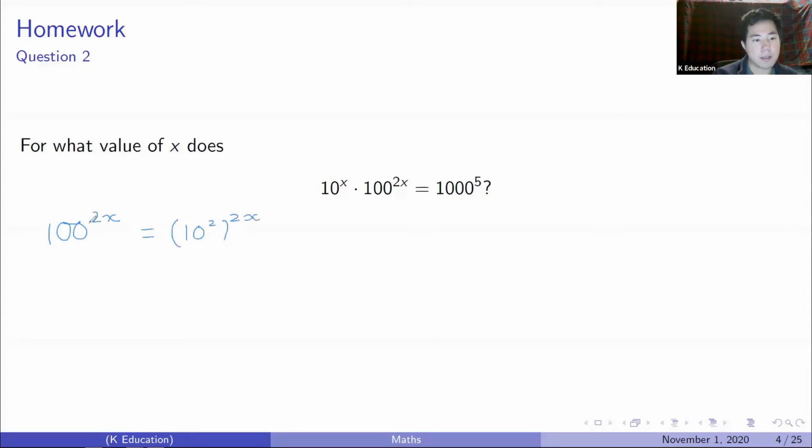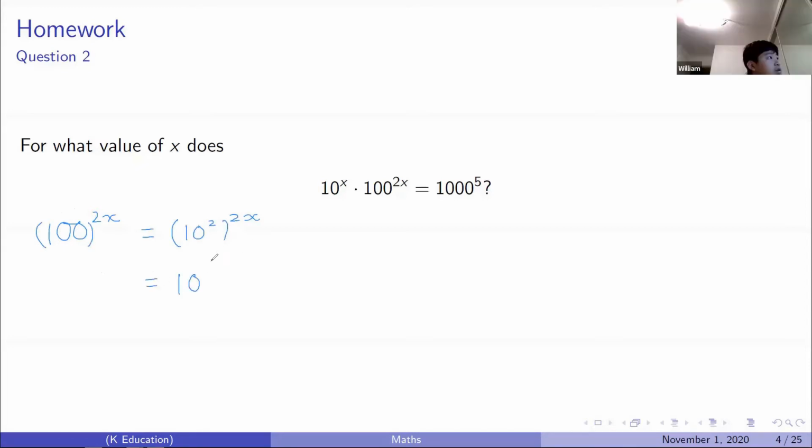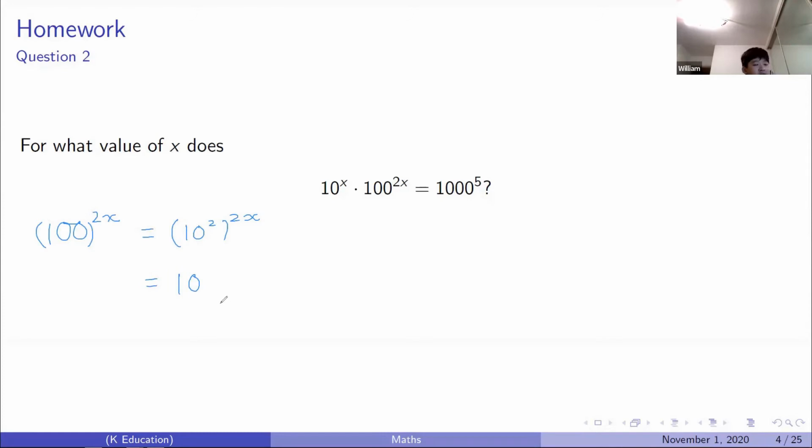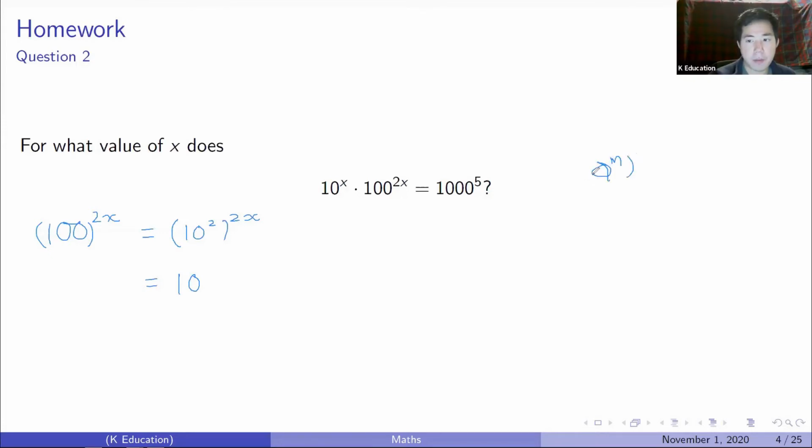So what does this become? I'm talking about 100 to the power of 2x. That's just 10 squared outside 2x, isn't it? You can simplify that further. It's just 10 to x. No, not quite. Remember, a to the power of m to the power of n is what?